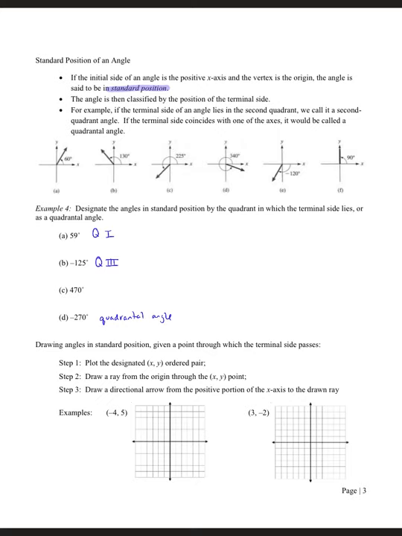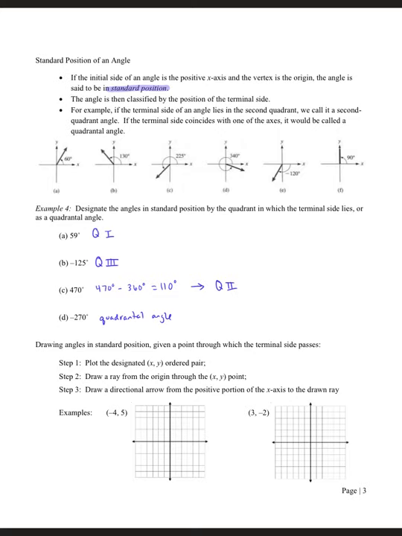Well, just like we did previously, if we have 470 degrees, if we take away one full rotation, which would be 360 degrees, and we subtract that, we are left with a 110-degree angle, which we know lies in the second quadrant, so we know that a 470-degree angle would also lie in the second quadrant.